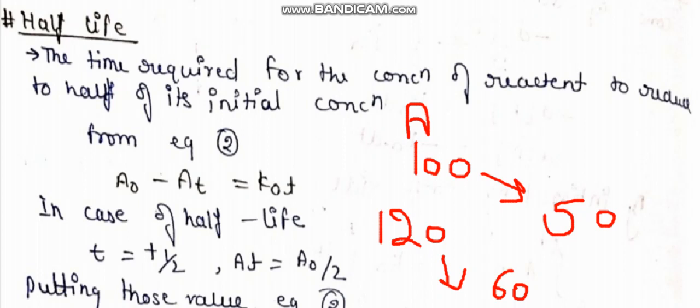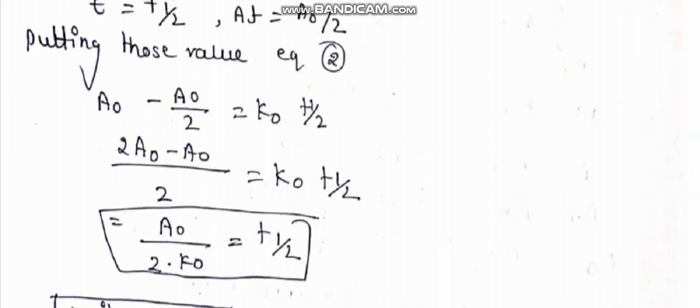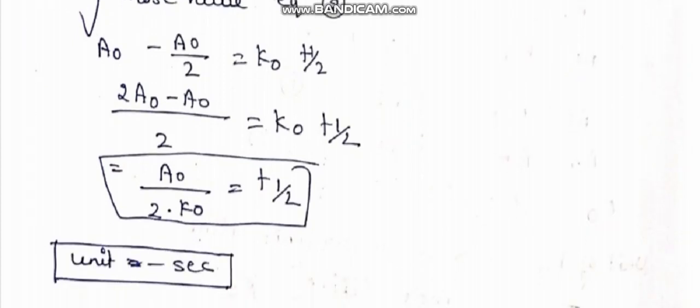From equation 2, which is A naught minus AT is equal to K naught T, here T is replaced by T half and AT is replaced by A naught divided by 2. All these values are then put in the above equation, and the final equation that we achieve is A naught divided by 2 K naught is equal to T half.